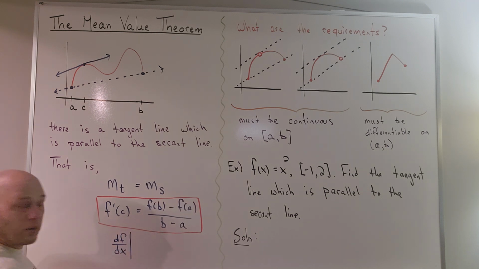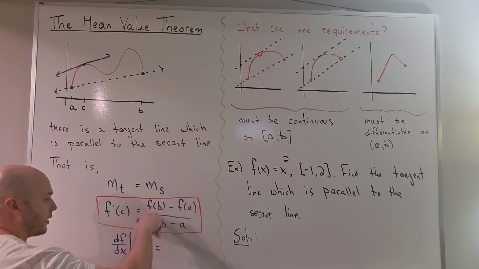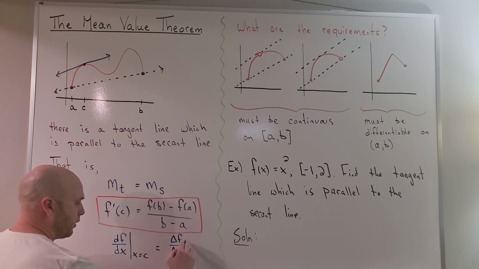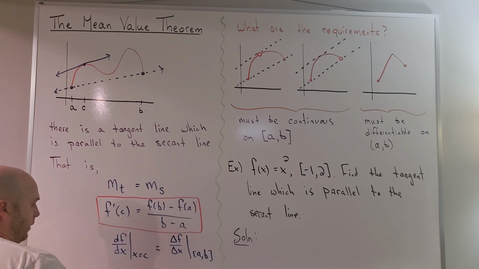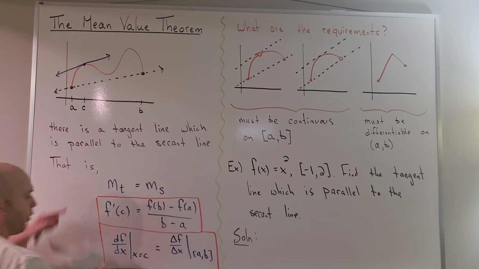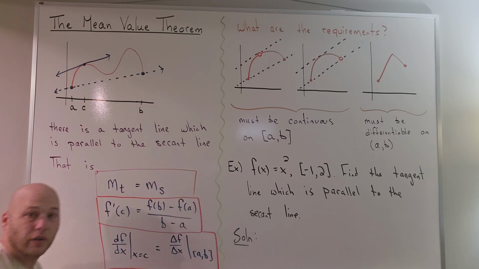Vertical bar means evaluation, so the derivative evaluated at x equals c is equal to the slope of the secant line, which is the average rate of change over the interval from A to B. Slightly more formal way to write it. Of course, all three of these are saying the exact same thing, just in different notation.